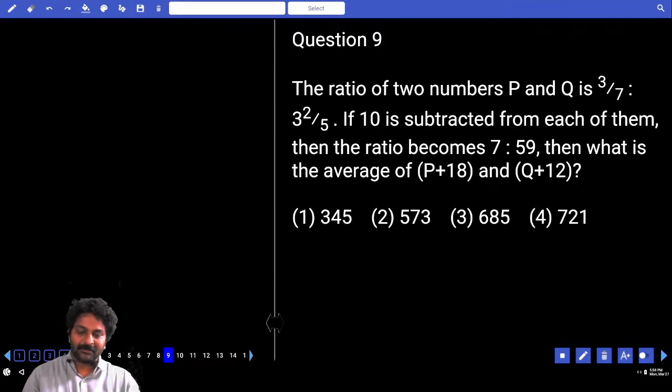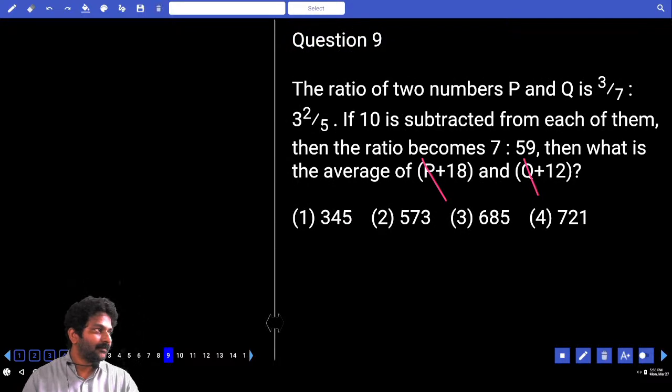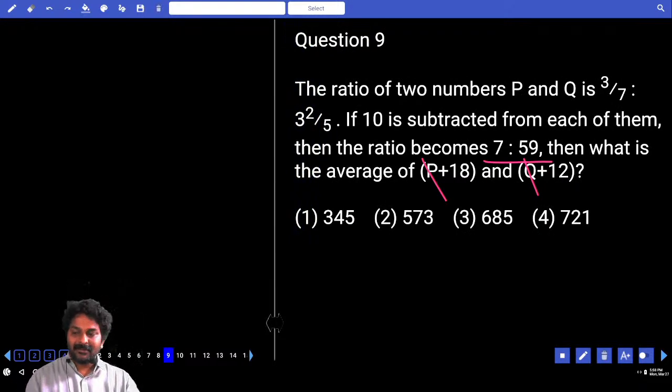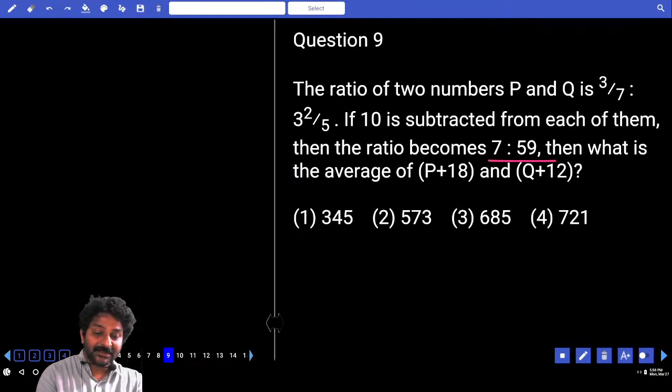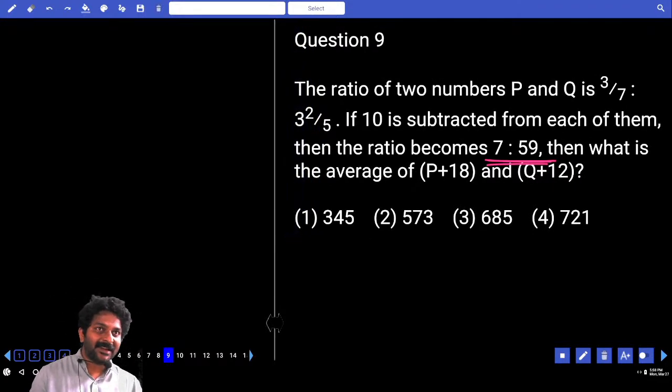Okay, leave it now. Then P and Q: 7 and 59. The second ratio is 7:59. What is the sum of those parts? 66 parts, which is P plus Q minus 10 minus 10, right?